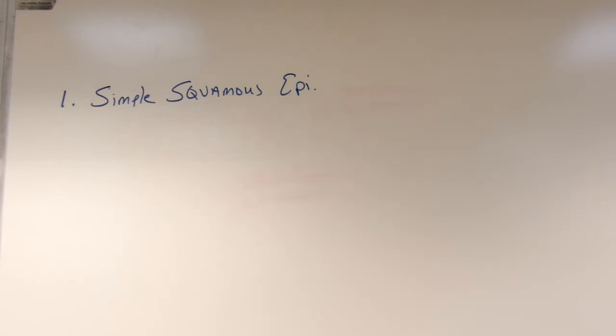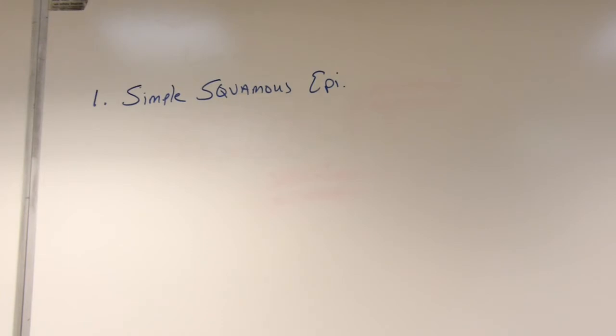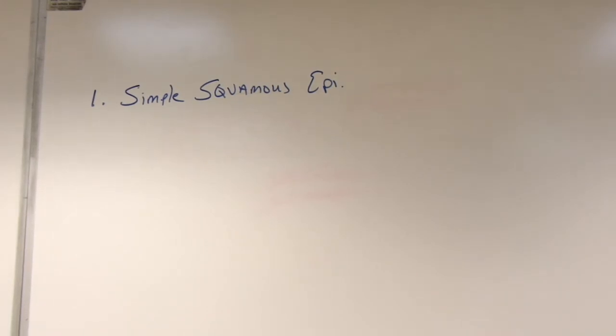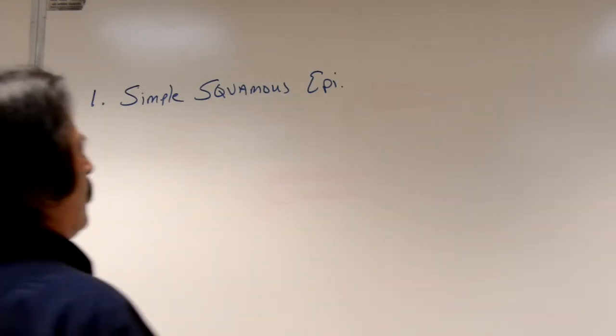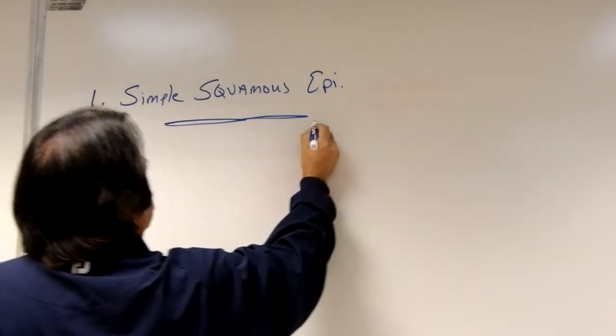Obviously, we are talking about epithelium, and those other words. Let's look at the word simple. Simple means one layer. Okay, one layer of tissue. Squamous, the second word, describes the shape. Simple squamous epithelium is like this.